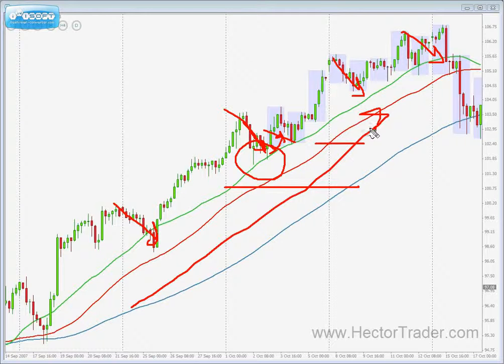Long if I am in an uptrend, as in this case, hopefully riding a new swing to the upside.